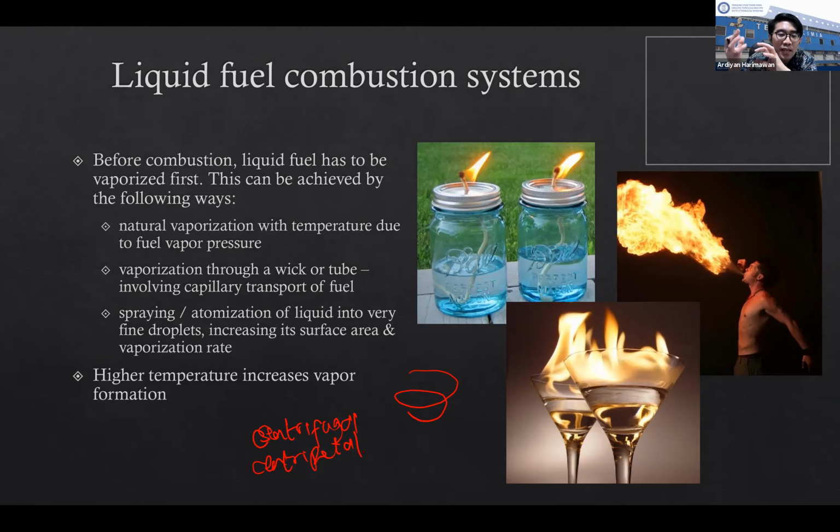That's why it can be used to make sure the small solid particles that are flown together with the flue gas go downwards and collect at the bottom of the furnace. That's the basic principle of the cyclone. Okay, sir. Thank you, sir.